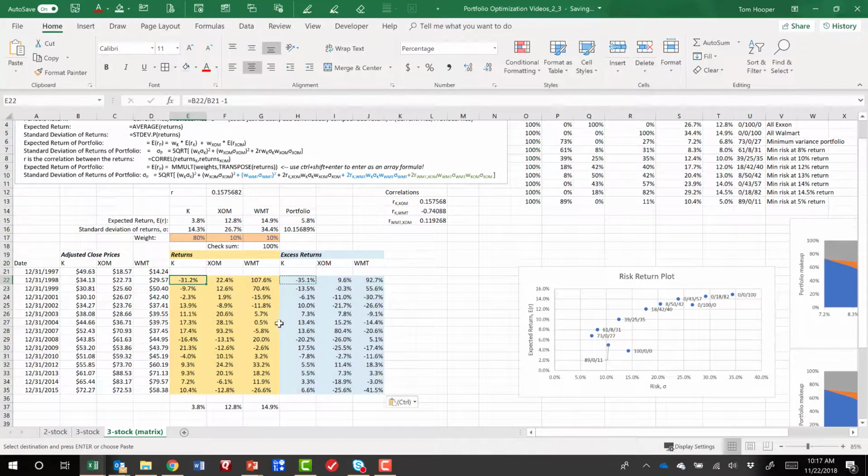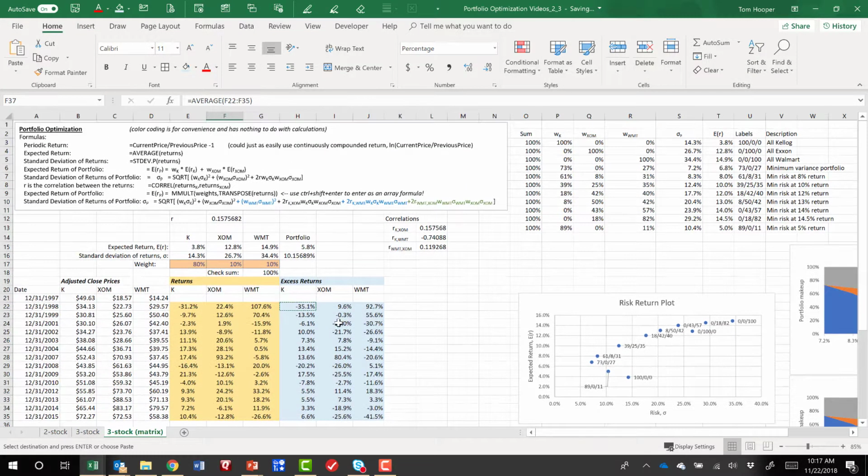So when Exxon lost 31%, that was 35% below the average return when Kellogg did that. When Exxon gained 22%, that was 9% above the average return. So now we have an excess returns matrix.